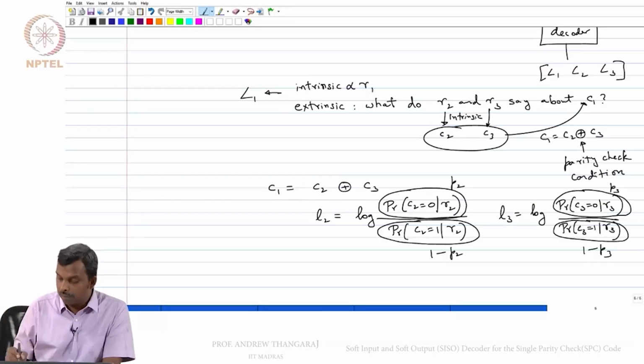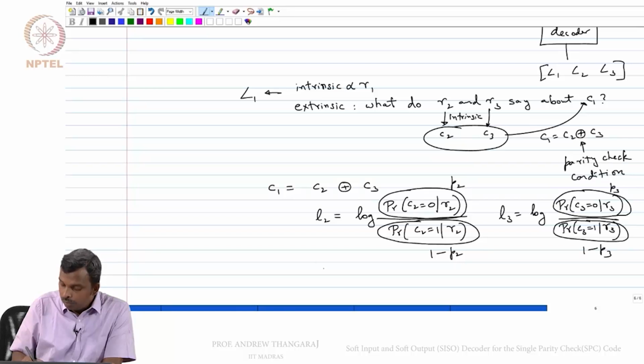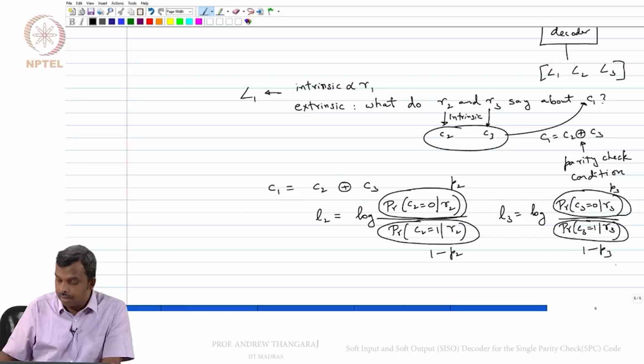There are various ways to do this changing around. So L2 is log P2 by 1 minus P2. From here you can find out P2 as well, so you can write down what P2 will be in terms of L2 and all that. We will come to that a little bit later, but just remember this conversion.